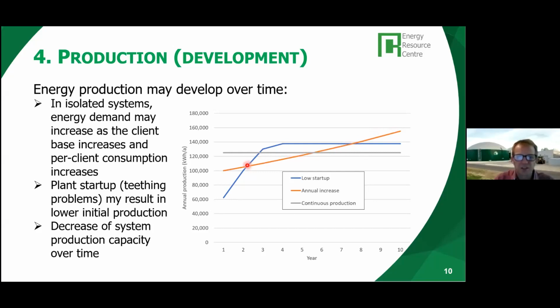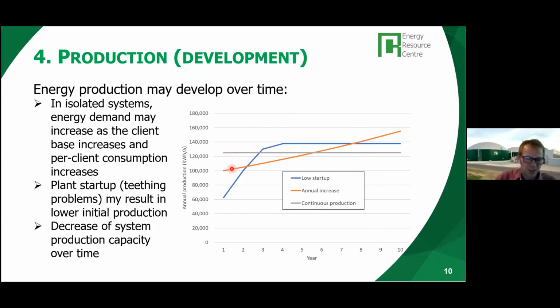So it means that, in case the total production over the whole project period is the same, a continuous production is actually the most optimal scenario.